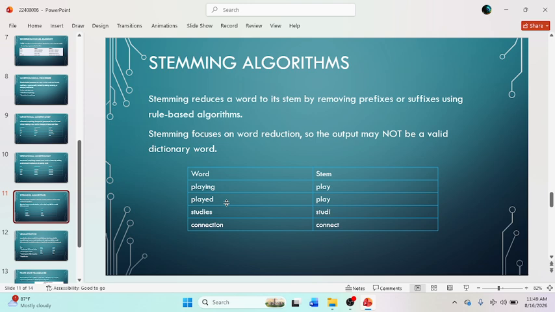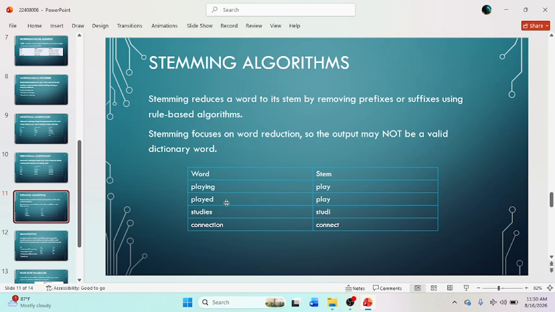Next I'm discussing stemming. Stemming reduces a word to its stem by removing prefixes or suffixes using a rule-based algorithm. For example, playing becomes play, but sometimes the result is not a valid dictionary word.